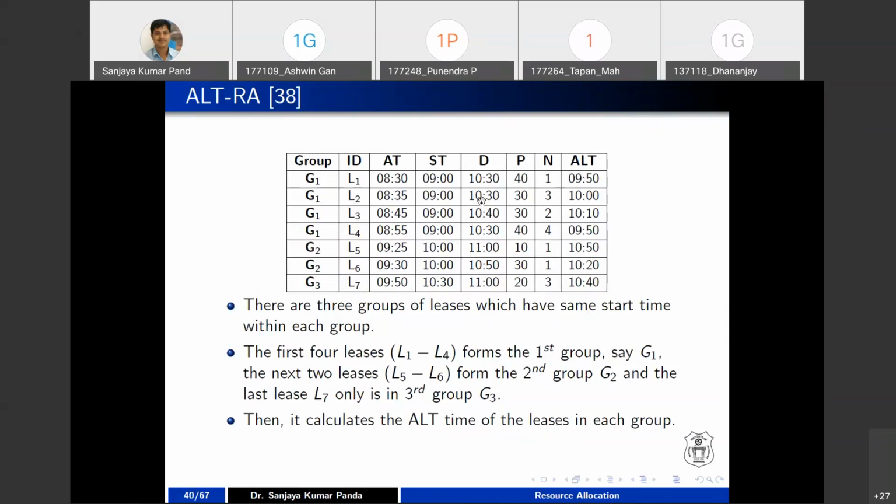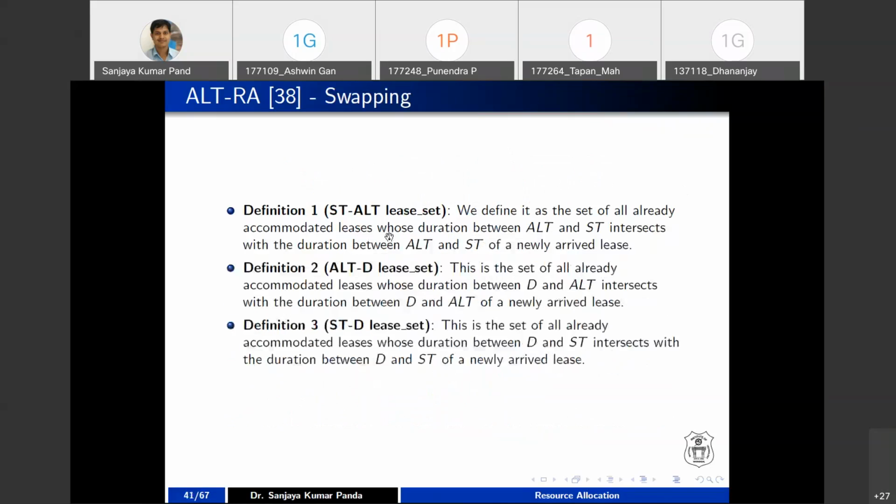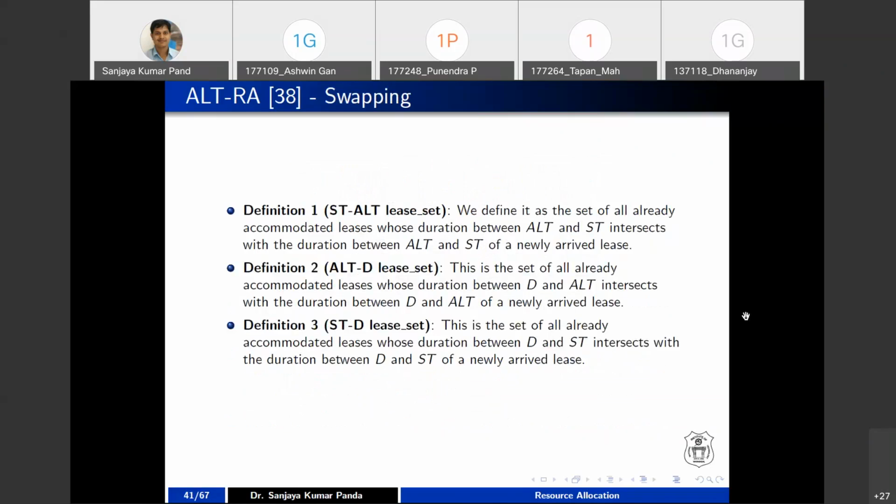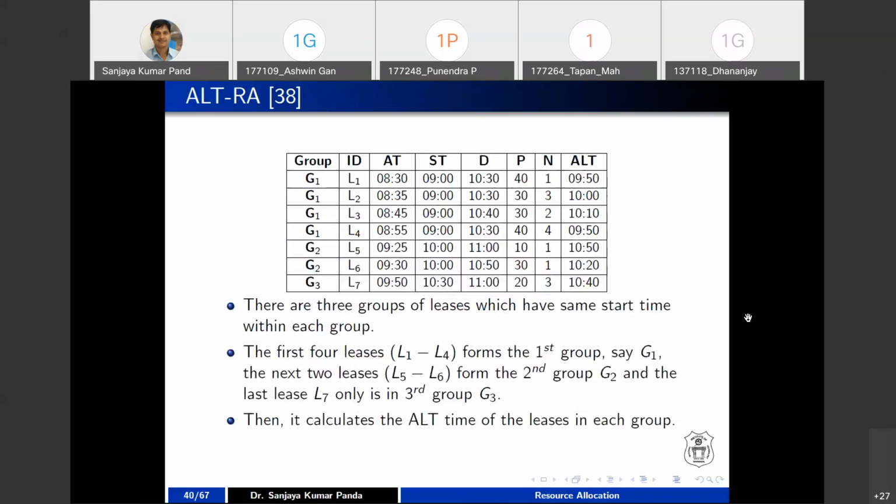Next one is alert time to deadline. Third one is start time to deadline. Start time to alert time means 9 to 9:50 is one set. Second one is alert time to deadline, 9:50 to 10:30, is one set. Next one is start time to deadline, 9 to 10:30, another group.